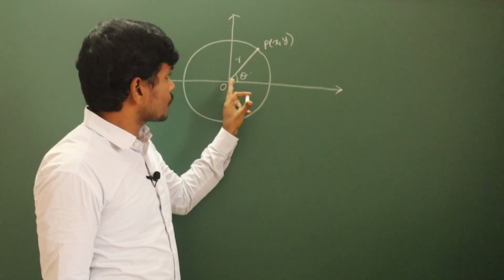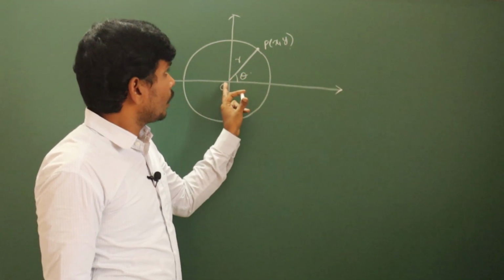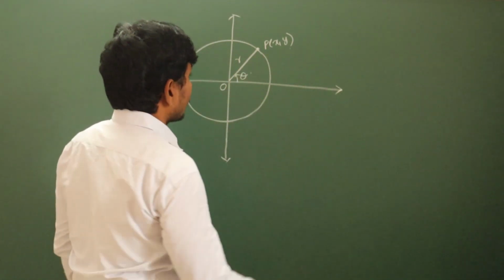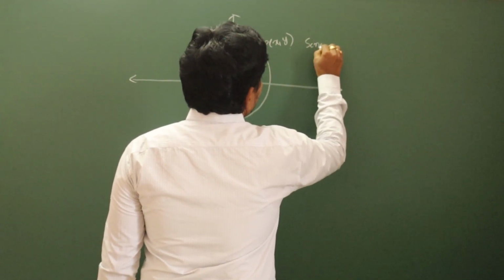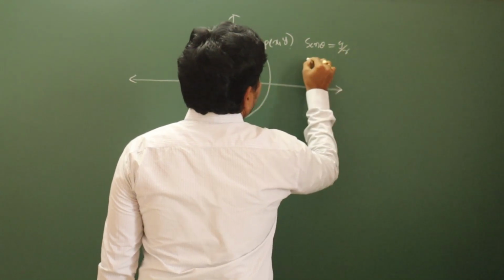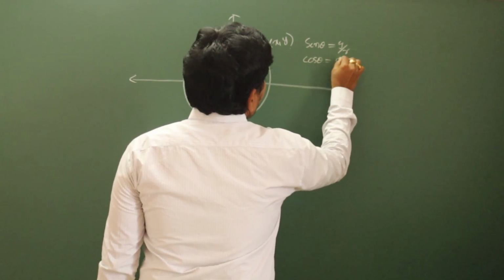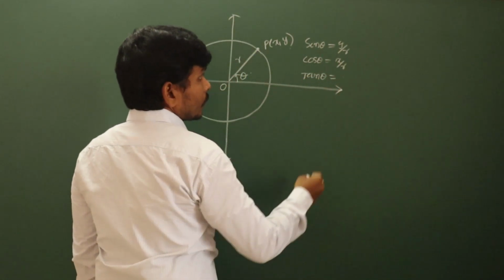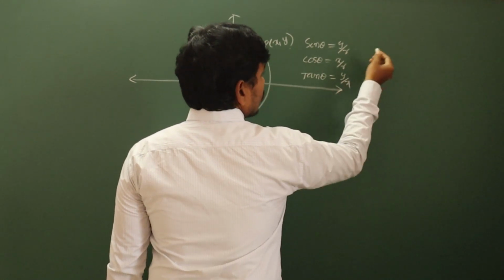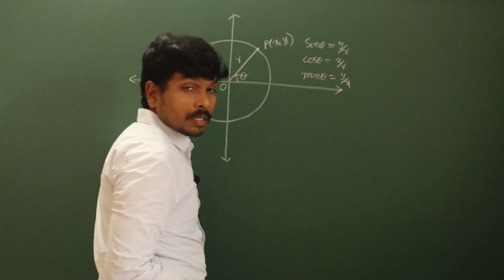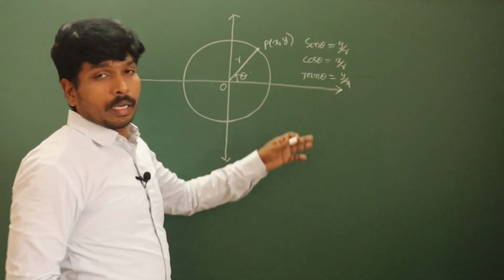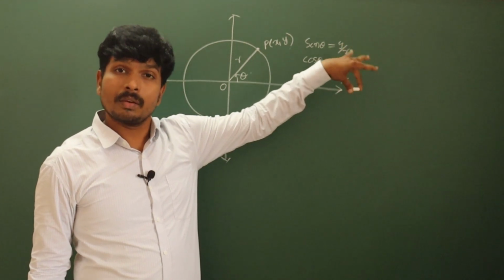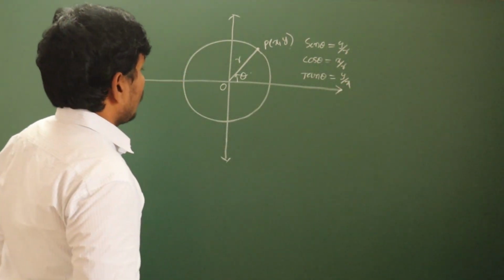It is the standard position, an angle made by OP with the x-axis in the anti-clockwise direction. Then your sin theta value is y by r, cos theta is x by r, tan theta is y by x. Secant theta, cosec theta and cot theta are their reciprocals, you will get them.